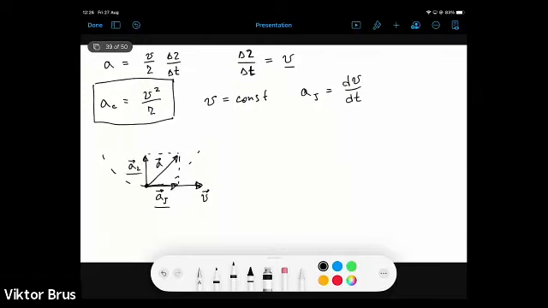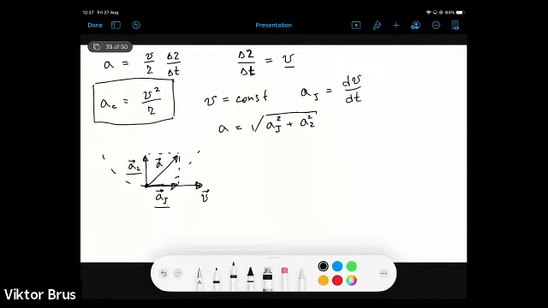The total acceleration will be equal to the square root of a tangential squared plus a radial squared, where we consider absolute values. So this is just a short notice on the case when velocity is not constant in magnitude, then you definitely need to deal with an additional component of this total acceleration vector.